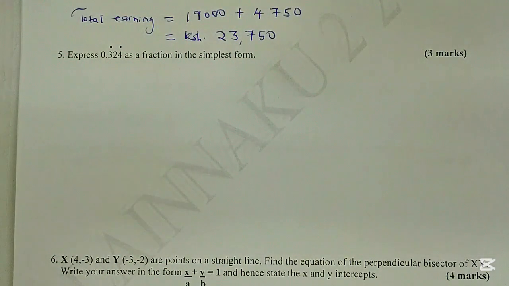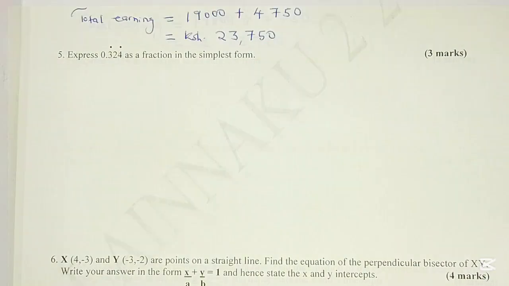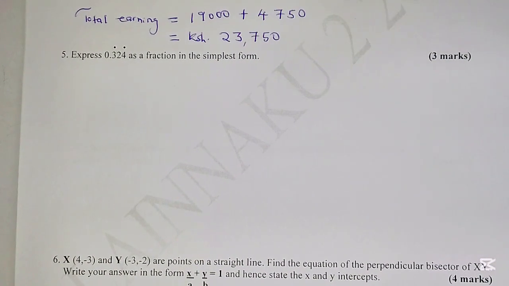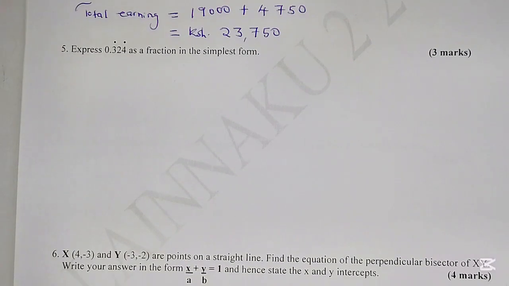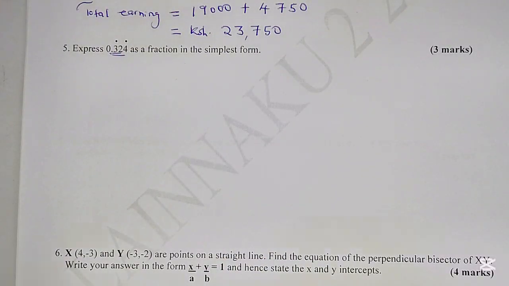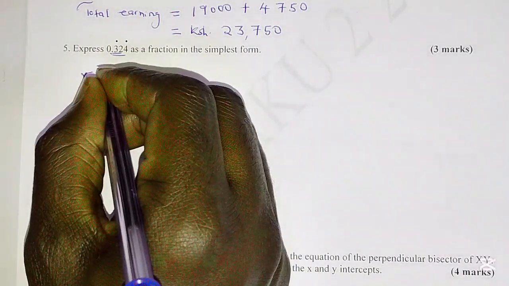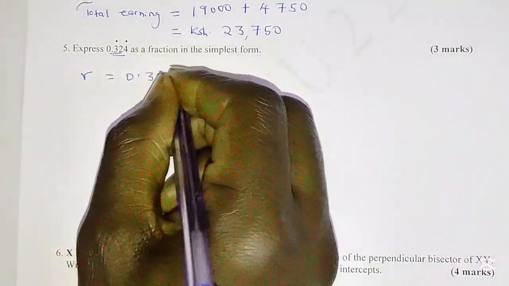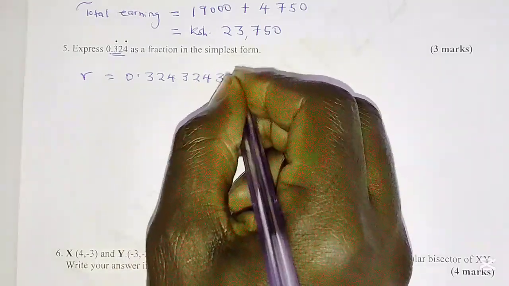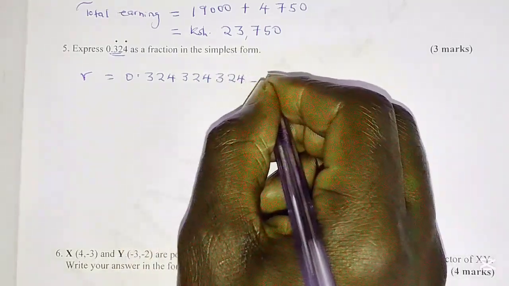So if the 324 are recurring, we can find the fraction from which it was obtained. So in this particular case, we are going to equate this one to any letter of our choice. So you can say R is equal to 0.324 recurring.